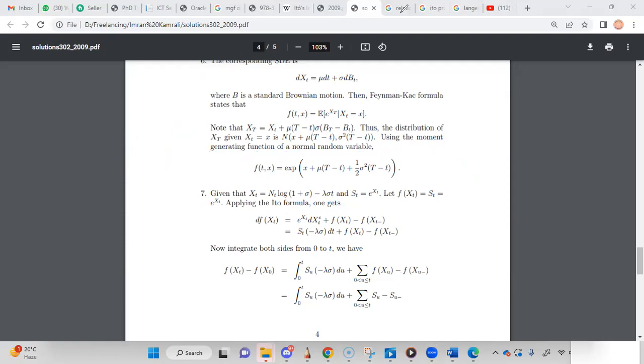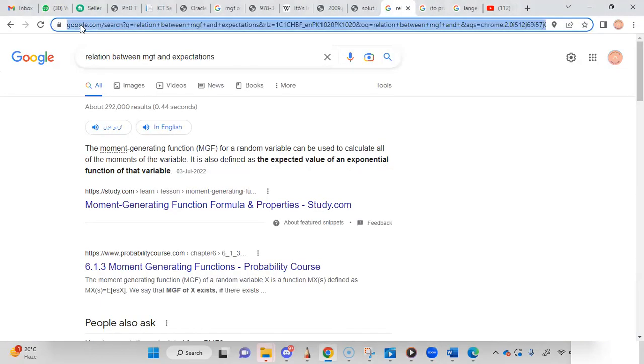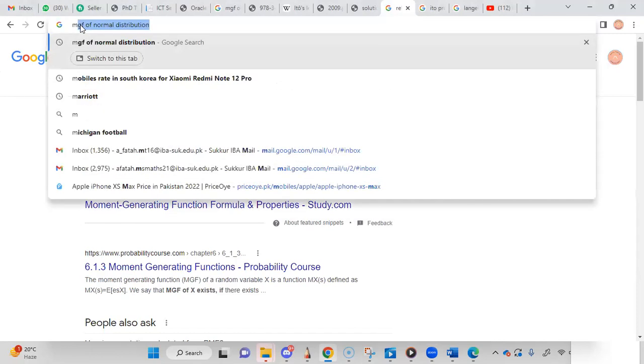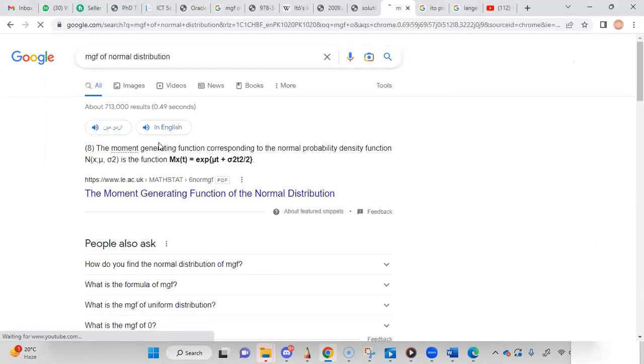One thing that we know is that our random variable is normal. So the MGF of the normal distribution is this.